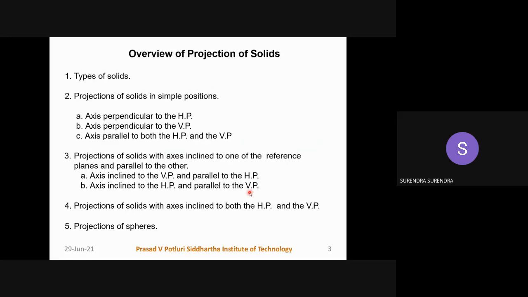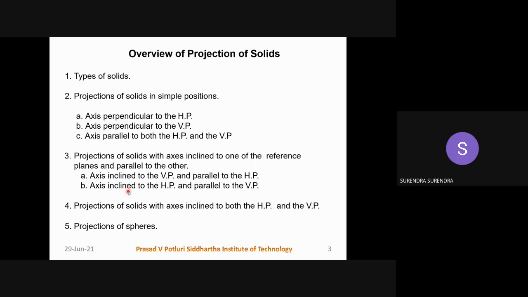Actually, these are the different positions possible. So the first step is axis perpendicular to HP, axis perpendicular to VP, means with the axis perpendicular to one of the reference planes. Second one, axis parallel to both HP and VP. Axis parallel to both HP and VP.